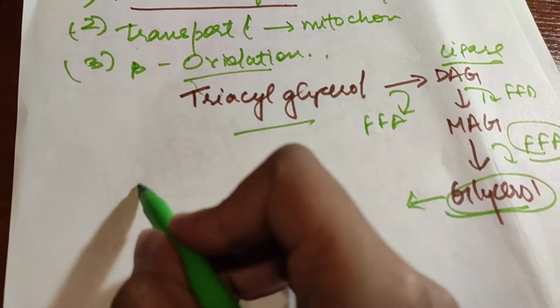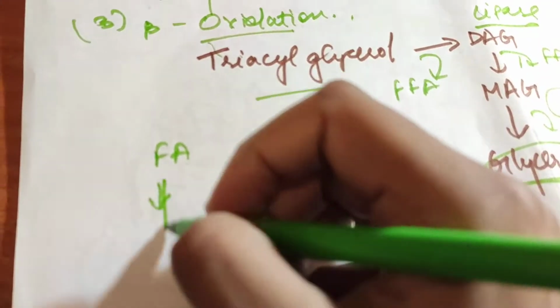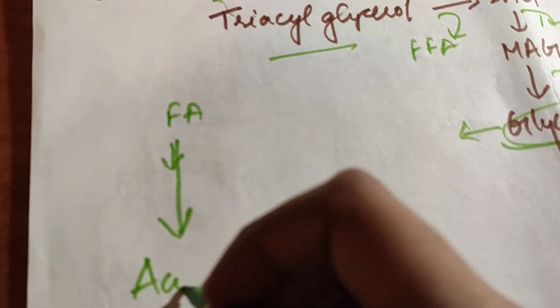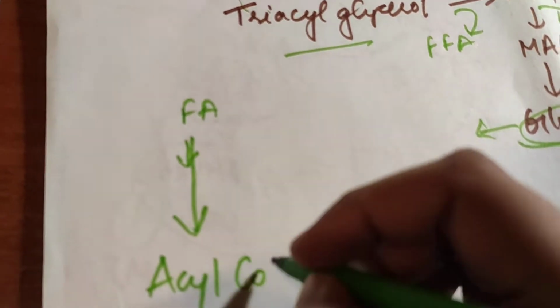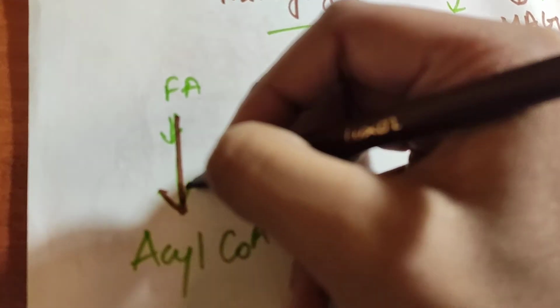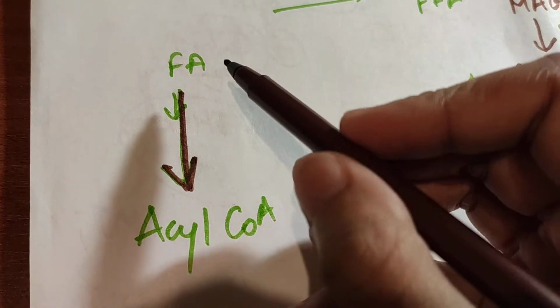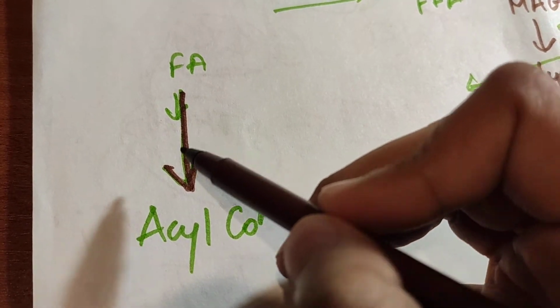So fatty acid first gets converted into acyl coenzyme A. Okay, there is one more step, but that is not important. We can directly convert fatty acid into acyl coenzyme A, but if you want to know, fatty acid first converts to acyl adenylate, but no need.